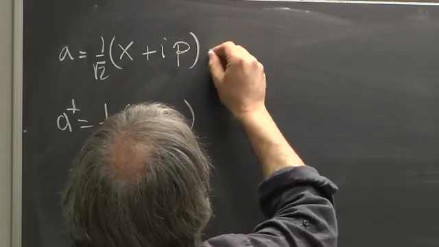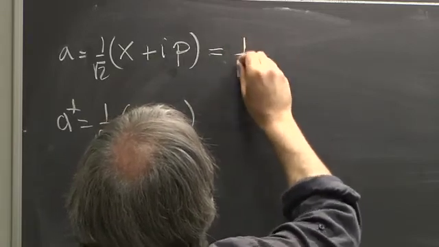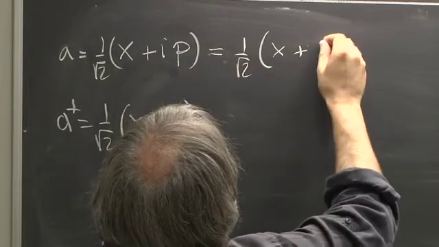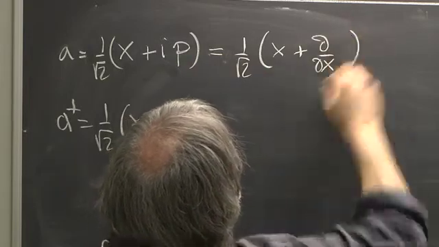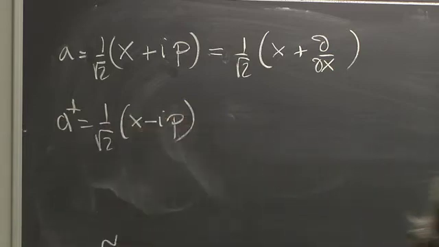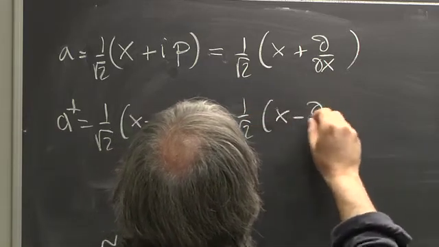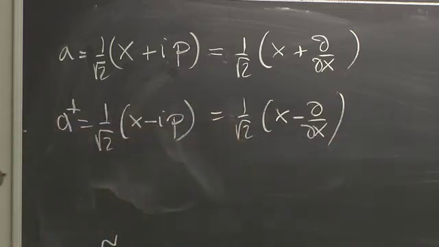So this operator here in real space representation is actually 1 over square root of 2 times X plus the derivative with respect to X. Okay? Not so bizarre. And the other one is 1 over square root of 2 times X minus the derivative with respect to X. Okay? They are innocent operators.